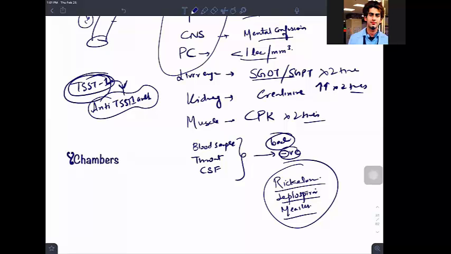My body will make antibodies to prevent the infection, isn't it? So if I have a TSST1 infection, I will have anti-TSST1 antibody. Are we able to understand?